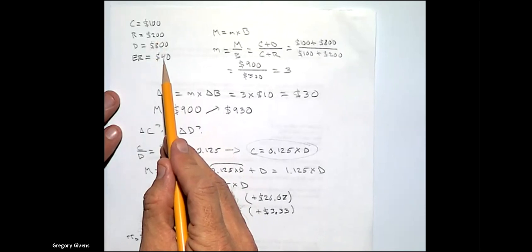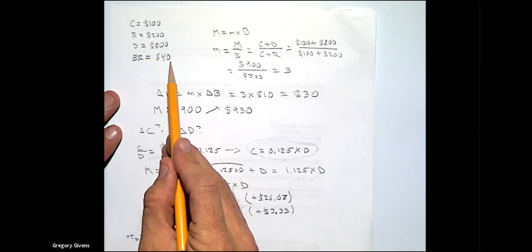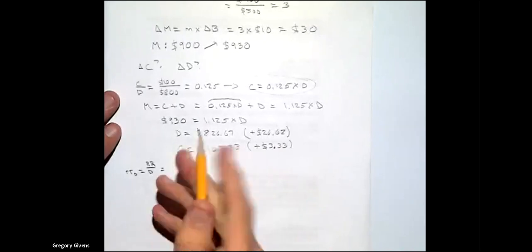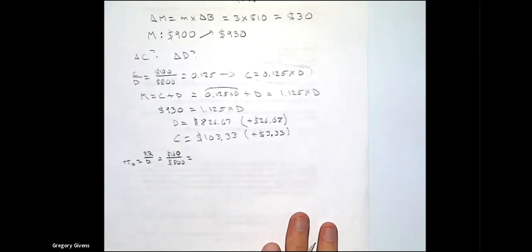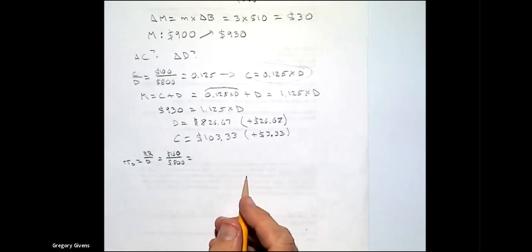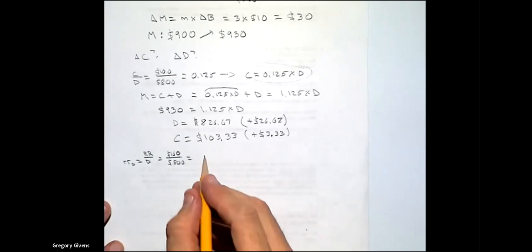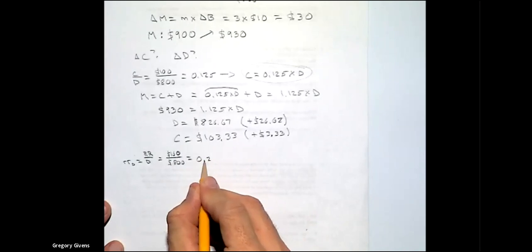So what must required reserves be then? The difference between them. So required reserves were 160 billion divided by total checkable deposits of 800. And so we can find the required reserve ratio as 160 over 800, and that is equal to 0.2, a 20% reserve requirement.